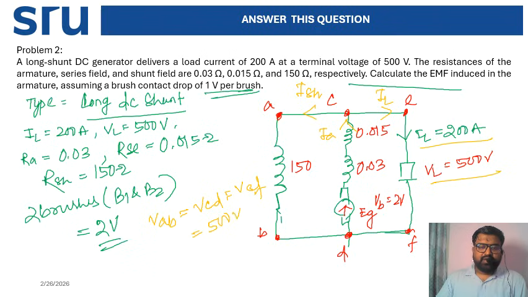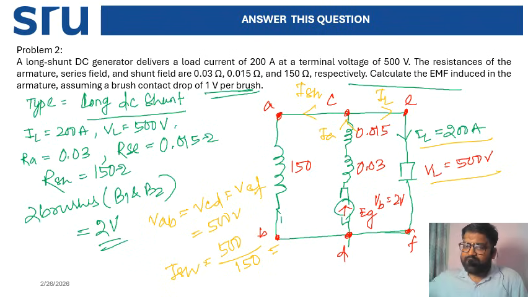Then we can easily calculate the shunt current, because load voltage is required. First calculate the shunt current value. That is your 500 volt load voltage divided by 150. What is the value? Let me use the calculator, because I have not solved this one.